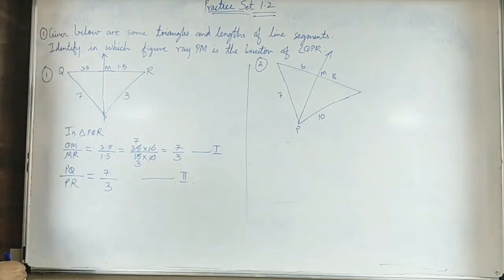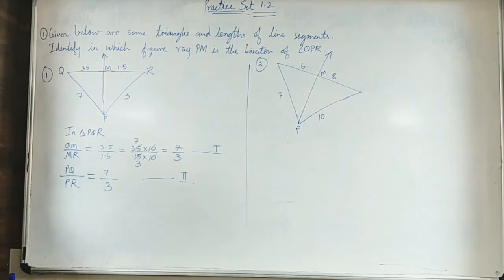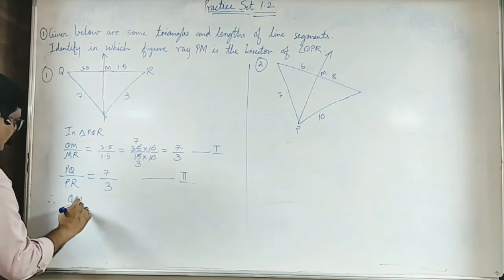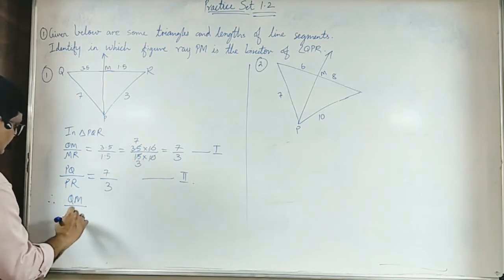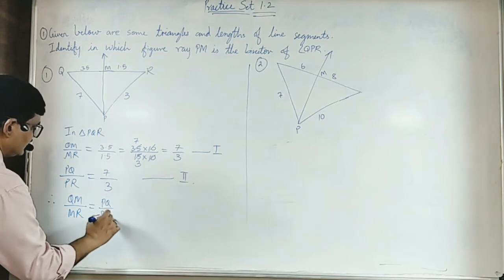Now you can see these ratios. QM upon MR is equal to 7 upon 3. PQ upon PR is also equal to 7 upon 3. So from both the statements we came to know that QM upon MR is equal to PQ upon PR. Can you see that the ratios are equal?